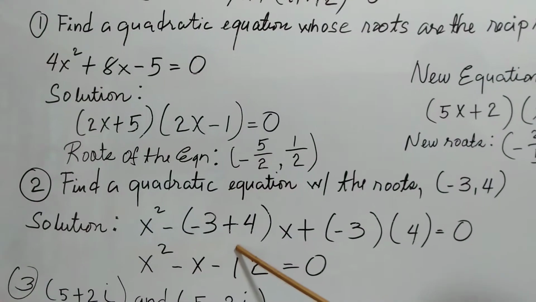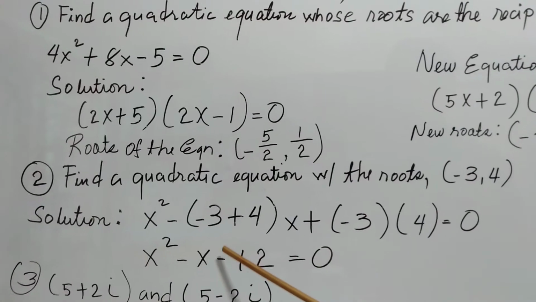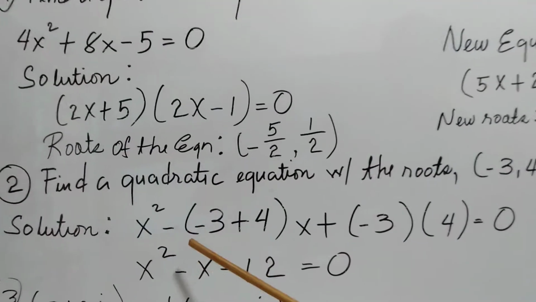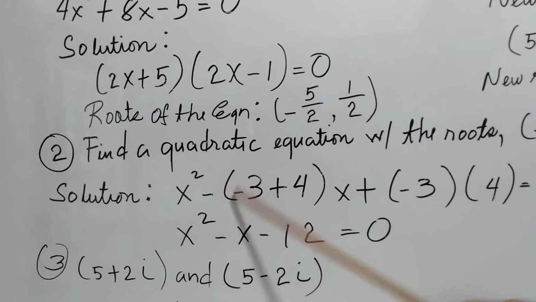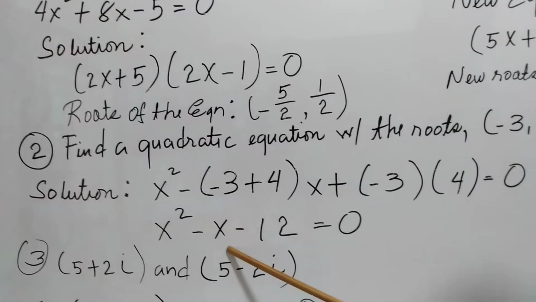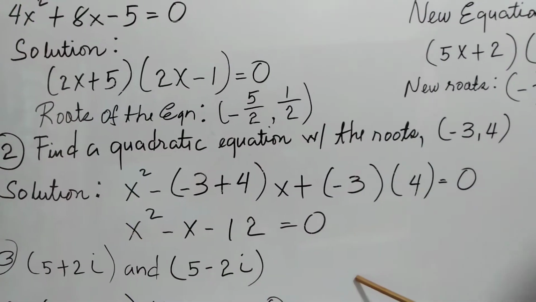We add that, we get x squared minus 1x, because negative 3 plus 4 is positive 1, minus 12 is equal to 0. So this is our answer.